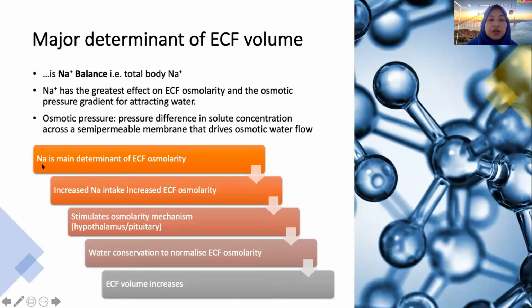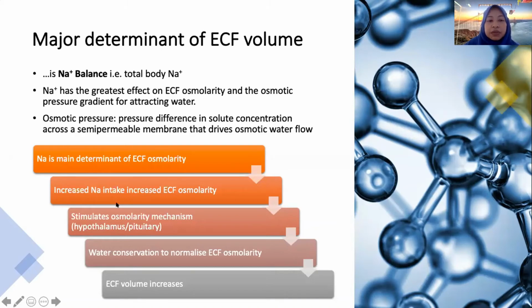And I mentioned before, sodium concentration is the main determinant of the ECF osmolarity. So let's look at how the sodium concentration affects the ECF osmolarity. We have osmoreceptors in our hypothalamus, which are very sensitive to the osmolarity of the ECF, mainly the plasma.